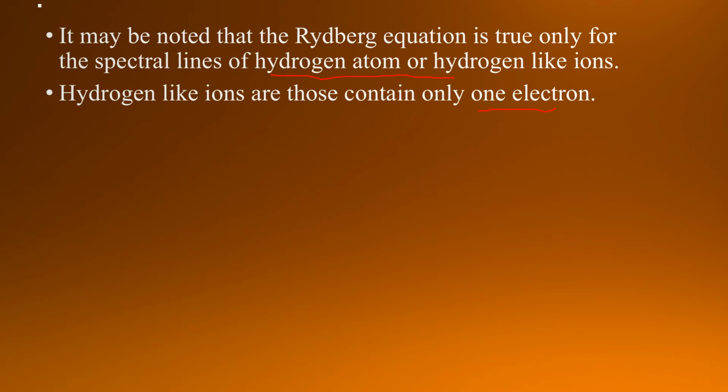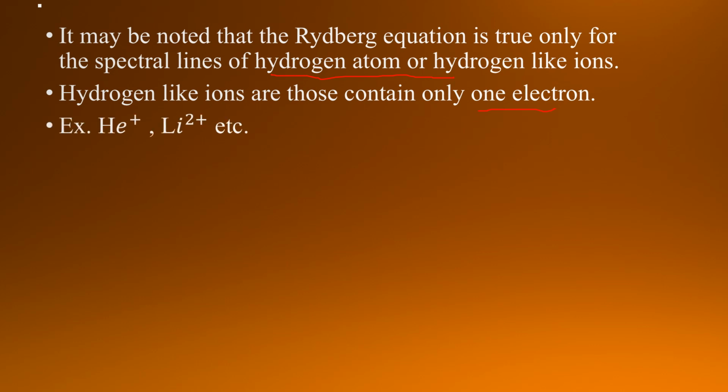As we know, hydrogen atom has only one electron, so ions with the same nature as hydrogen will also contain only one electron. The Rydberg equation is only true for such ions which have only one electron, like a hydrogen atom.